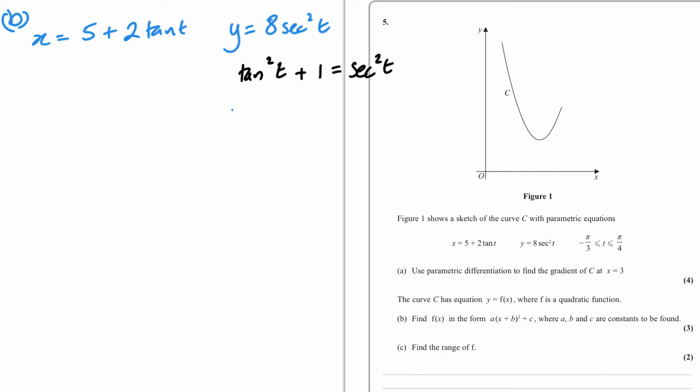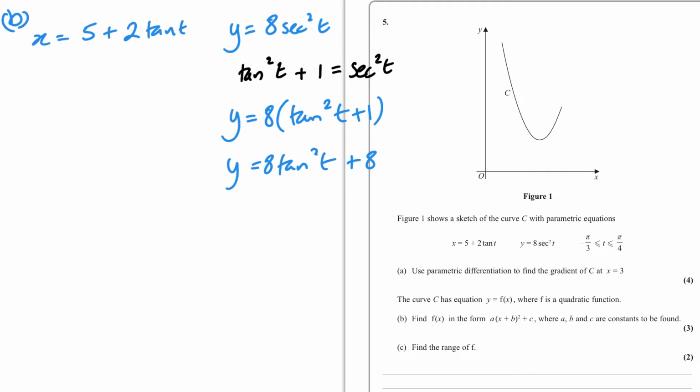We'll work on this y one first. So y equals 8 times tan squared t plus 1, or 8 tan squared t plus 1. Sorry, plus 8. Almost made a very silly mistake there.